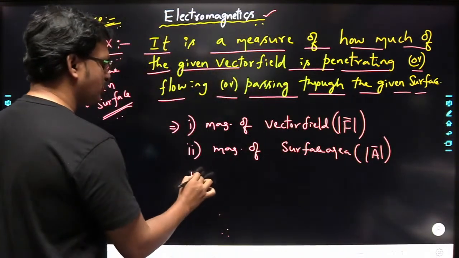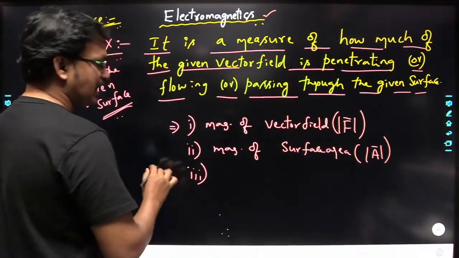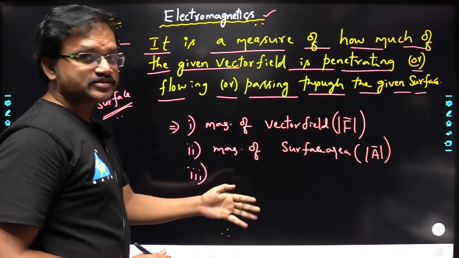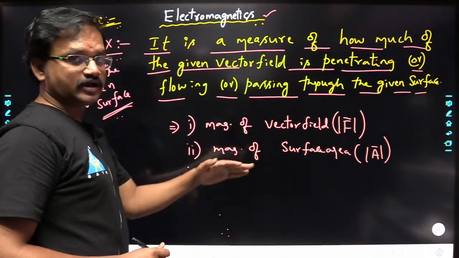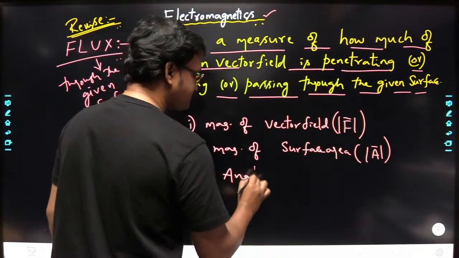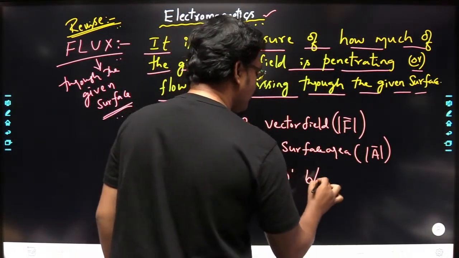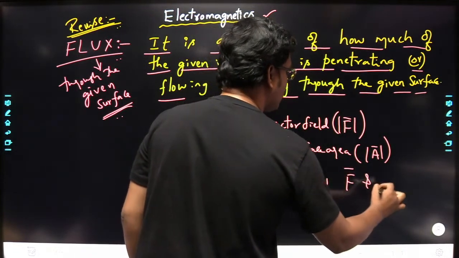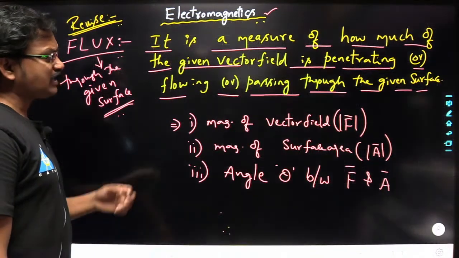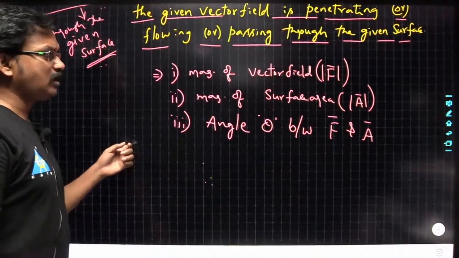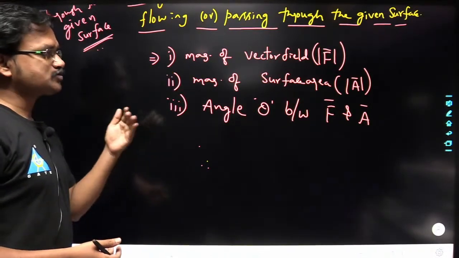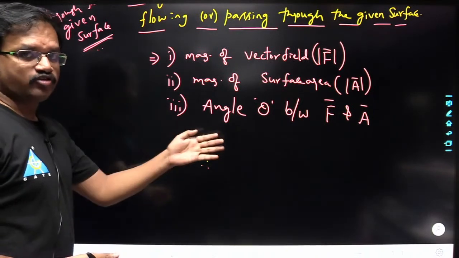It also depends on the angle theta between the vector field and the direction of the surface area, between F bar and A bar.